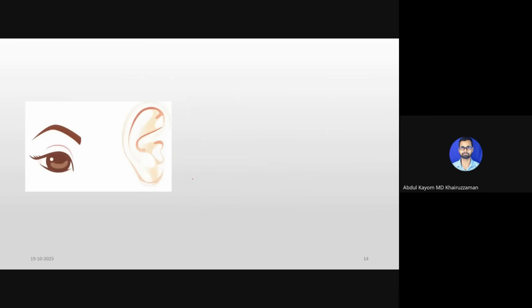Then we have the ear. We have two ears, coming in pairs. Whatever organ comes in pairs in our body, most of the time, will be used as feminine. Similarly, the ear and the eye will be feminine. Ear is udhunun.